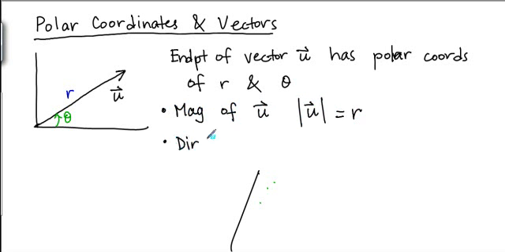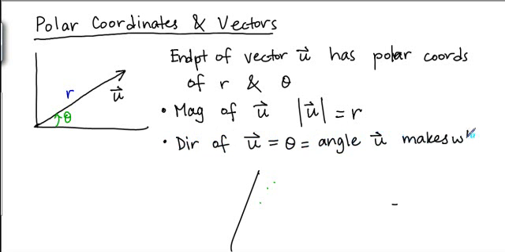And the direction of u we give as theta, and theta is the angle that the vector u makes with the positive horizontal axis.